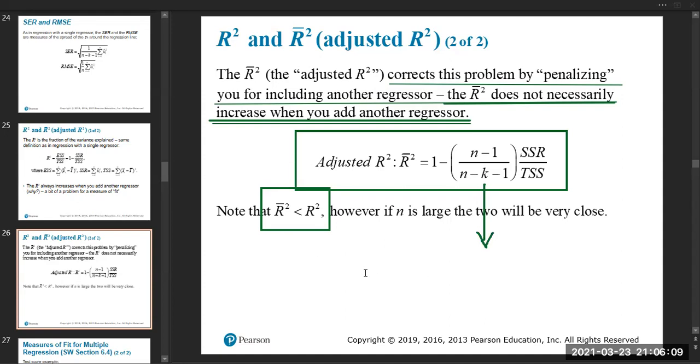K is the number of X in your regression. For example, if you only have X1, X2, then K is 2. If you have X1, X2, X3, then K is 3. And you should know lowercase n by now. It is the sample size.